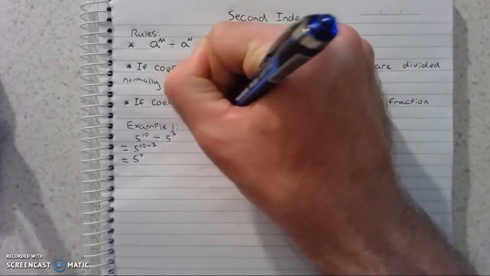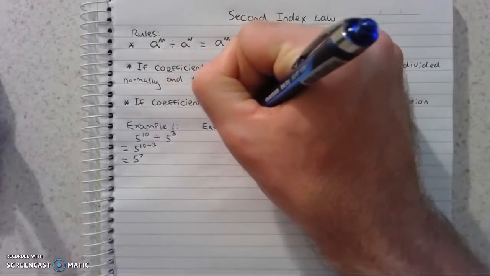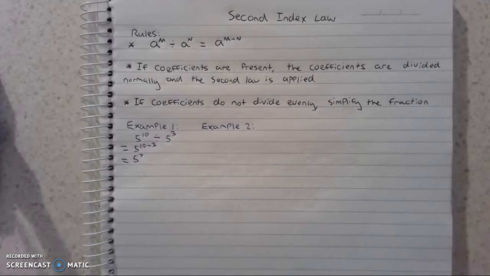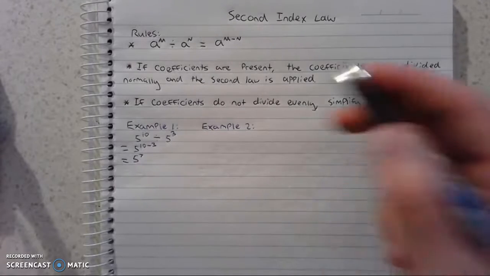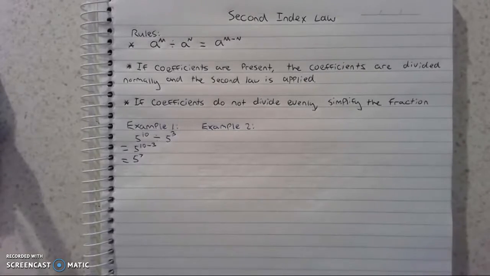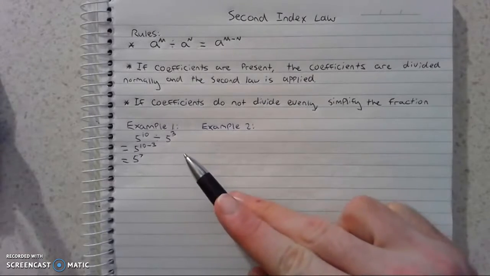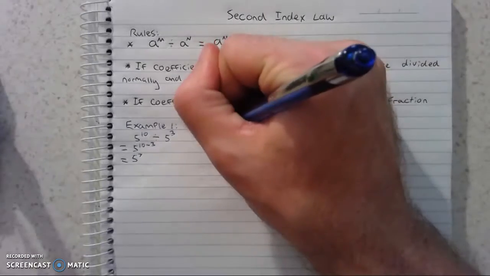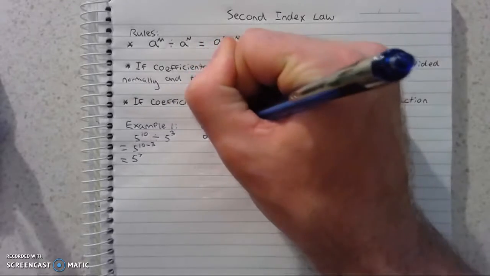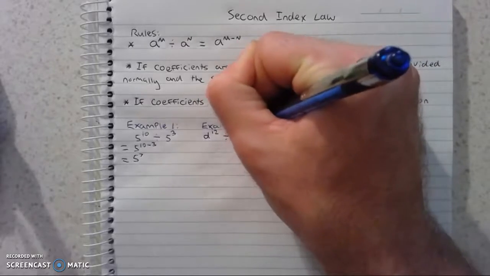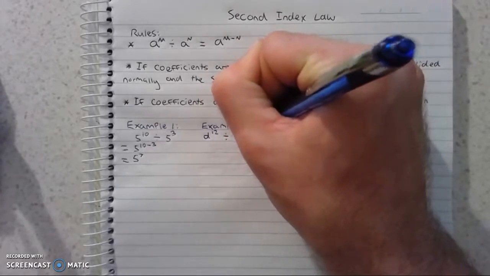Alright, we'll look at example number 2. In example number 2 we'll do something very similar to this, but obviously you might see questions with variables rather than numbers. So you might say something like this: d to the power of 12 divided by d to the power of 4.